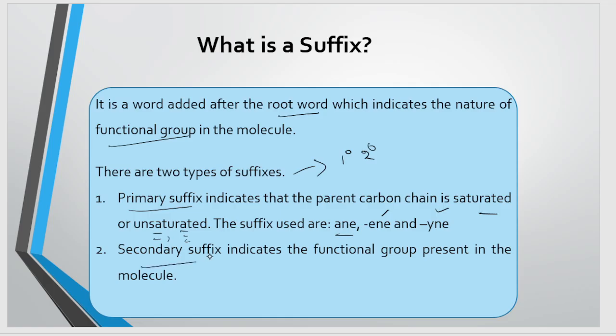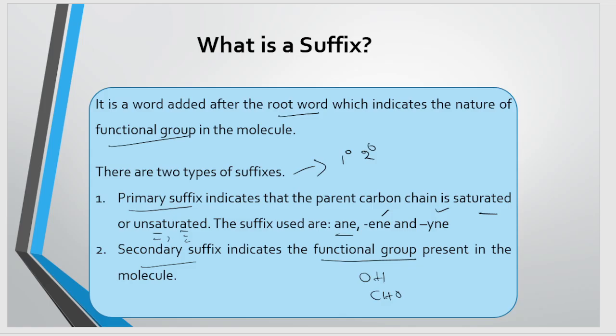And the secondary suffix indicates the functional group. What is a functional group? It is a group of atoms, for example OH, CHO, which decides the nature of the compound, because of which the particular compound gets its specific characteristic properties.